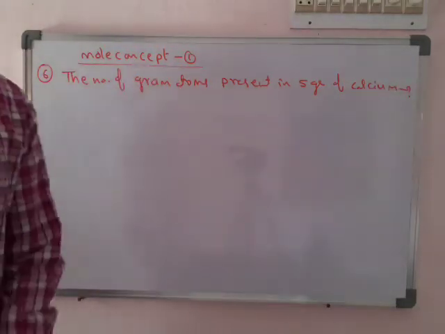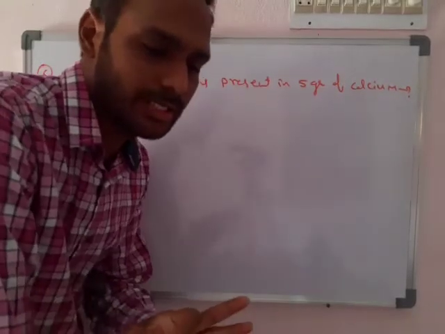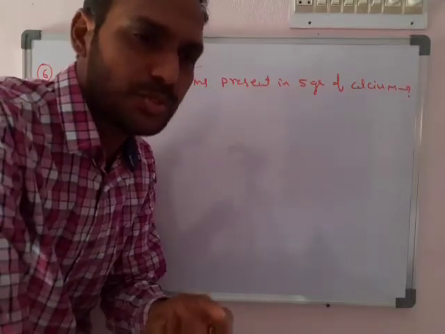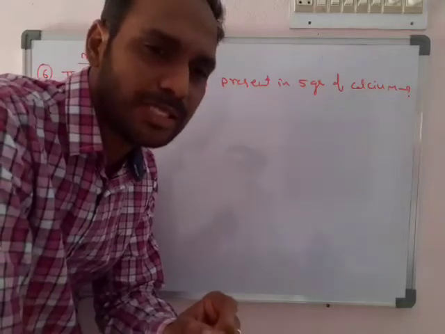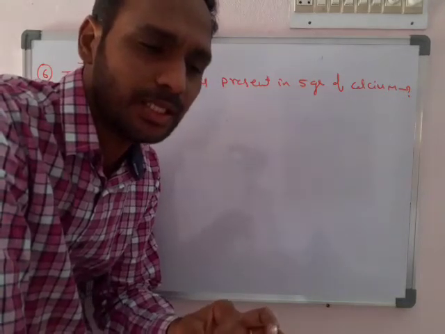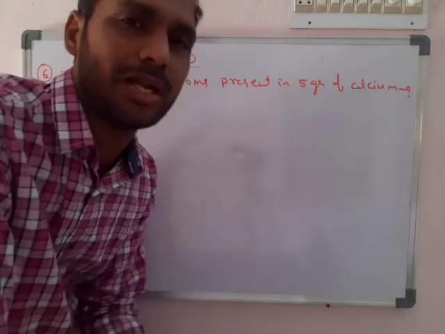What is important here is that the question asks for the number of gram atoms. Gram atoms are totally different from grams. Grams just means weight. Gram atoms is also in terms of weight: 1 gram atom equals 1 atomic weight.